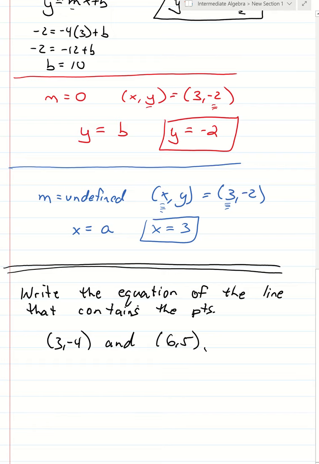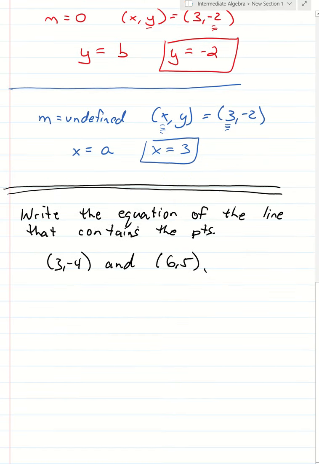Now, in the 3 previous problems, you were given the slope and a point. Okay? Now, here you are not given a slope and a point. Instead, you are given 2 points. And for that, okay, the most important piece of information is the slope, and we're not given the slope. So the first thing that we're going to have to do is we're going to have to find the slope.